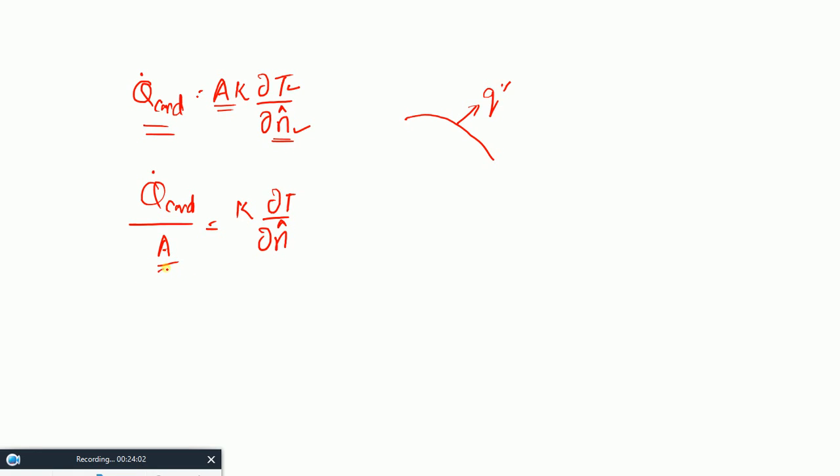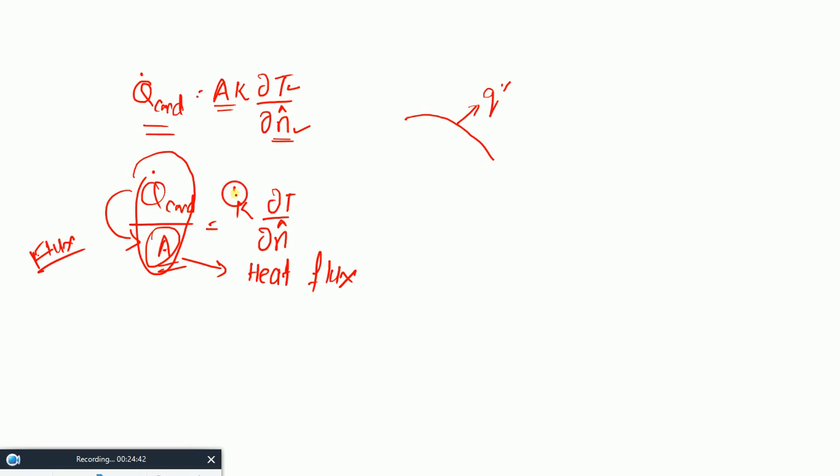So, if this is the area, any quantity divided by its area would be flux. You remember? Flux. So this is heat flux. Because we are talking about heat transfer, this quantity divided by area is known as heat flux, which is the heat transfer rate per unit area, and the area is the one normal to the direction of the flow.